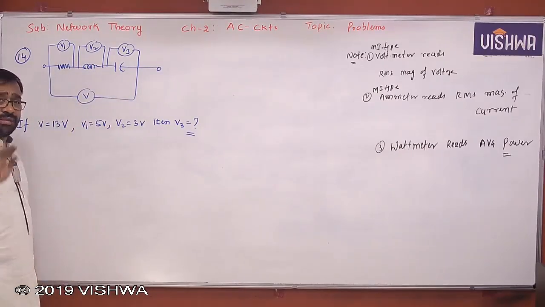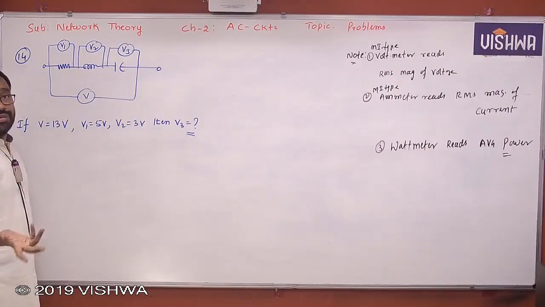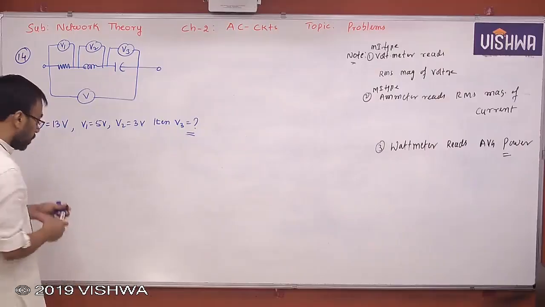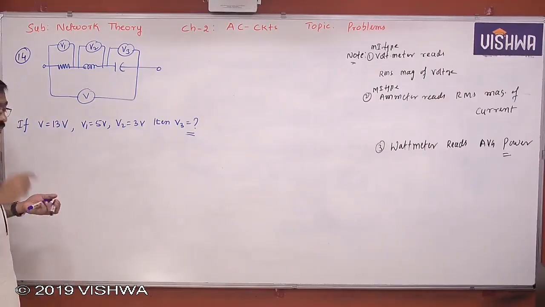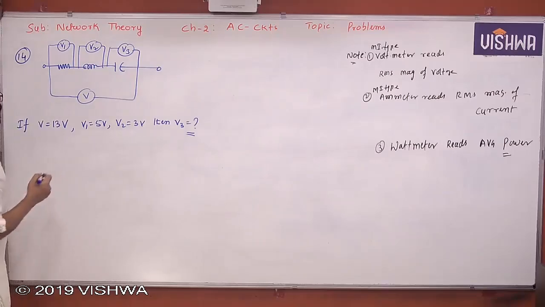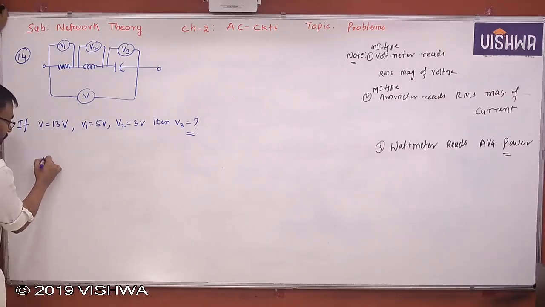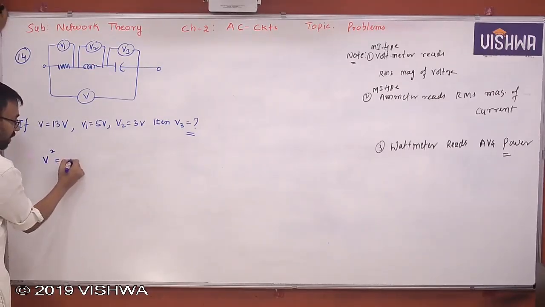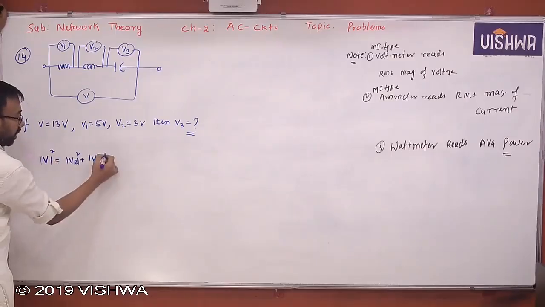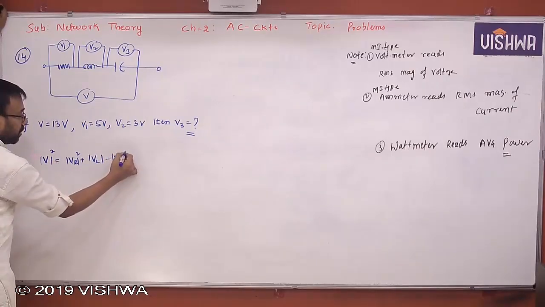RMS magnitude, do you have a negative value or a positive value? Always positive. Negative value is not feasible, only positive value is feasible, because it is reading an RMS magnitude. Then here, in an RLC series circuit, we learnt already V square is equal to VR square plus, for all the magnitudes, VL minus VC, whole square.